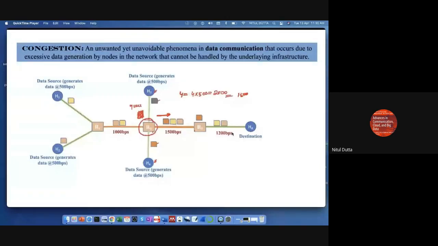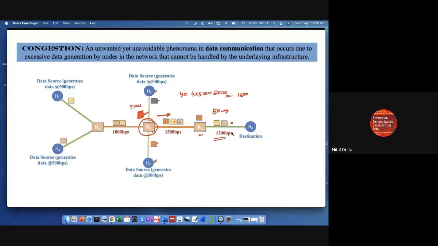After some time, when the link is free, that packet will be sent to router R3. Again, it happens in R3 when it receives, say, 3 packets, 1, 2, and 3, but capacity is only 1200. So one packet cannot be forwarded because of lack of bandwidth.